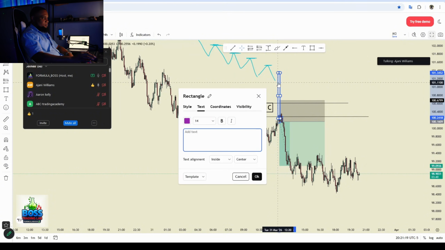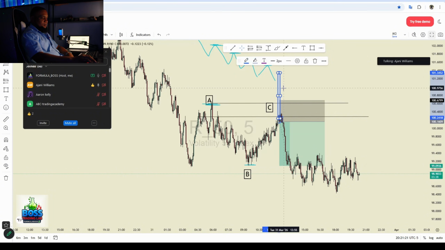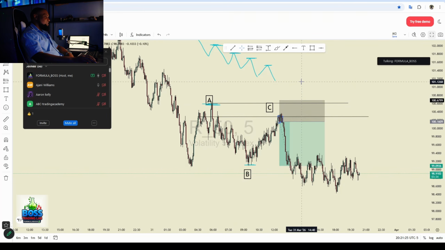Other than the bearish engulfing, do you use any other confirmation? No, just the bearish engulfing. There are a lot of other candlestick patterns, but I only focus on the engulfing because the engulfing is really and truly the most powerful one. The engulfing basically tells you that buyers are chipping in or sellers are chipping in.